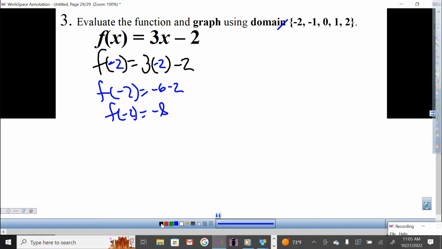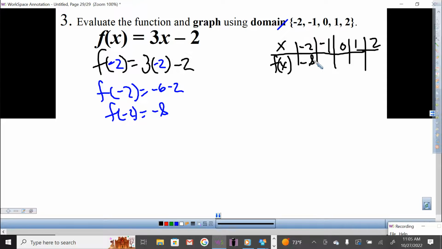Okay? And my table should look like this. X: -2, -1, 0, 1, 2. And f of x, we should have gotten -8, -5, -2, 1, and 4. All right?